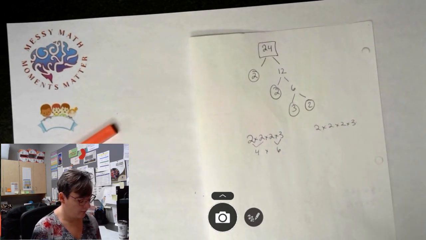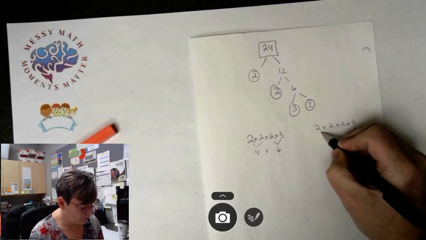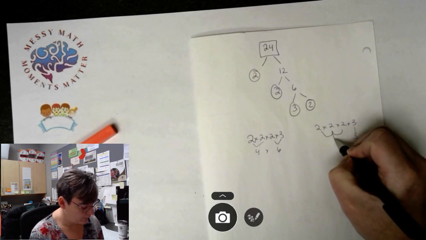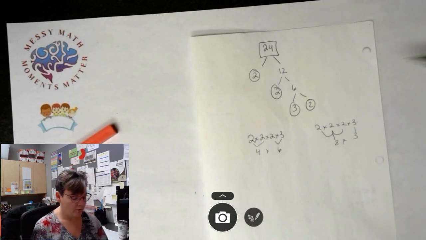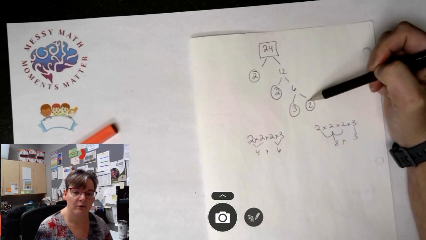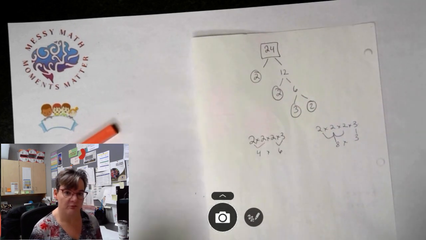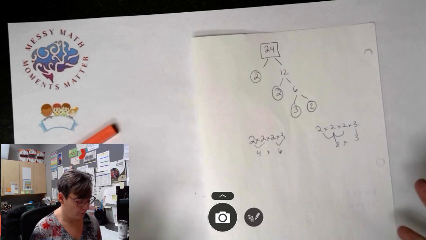I could have done 3 multiplied by 8. So I can use these prime factors to figure out all possible factors of 24.